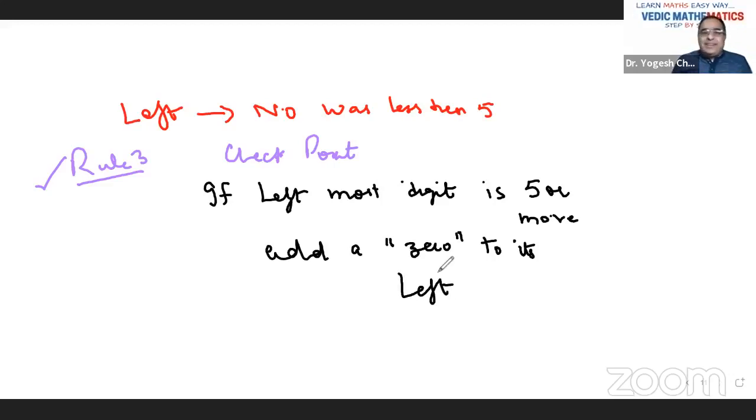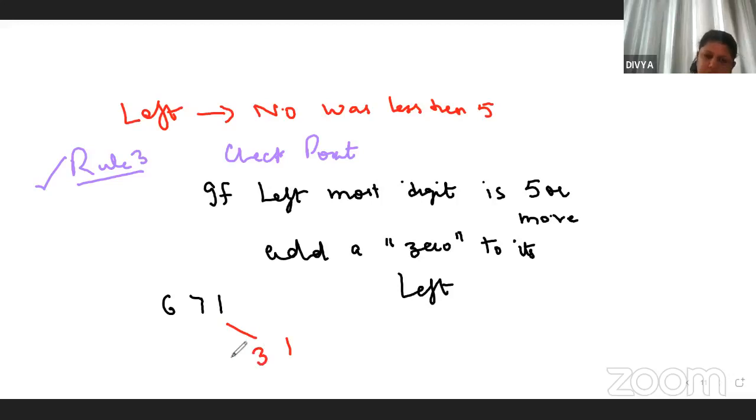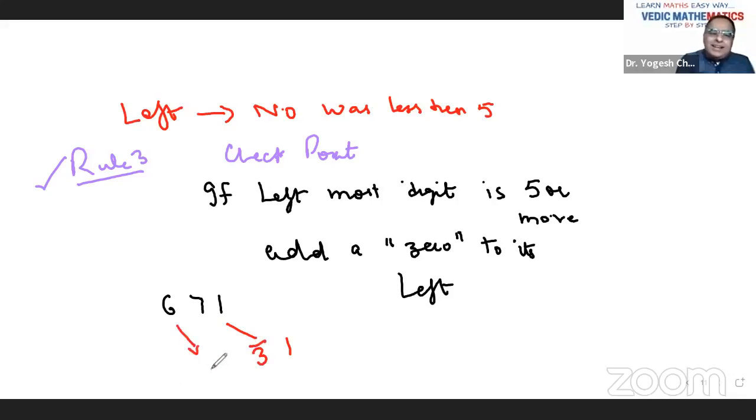Now, what does this mean? Let's say the number you were talking about, 671. If we follow your practice and ignore rule number 3 for the time being, 1 as it is, then 3 bar, and then again 3 bar.